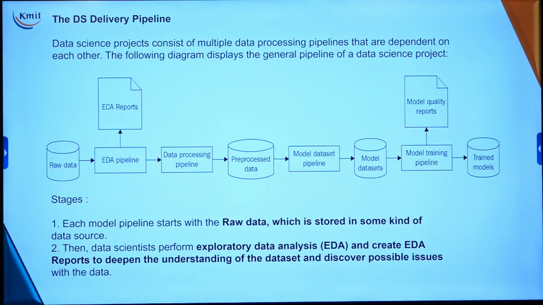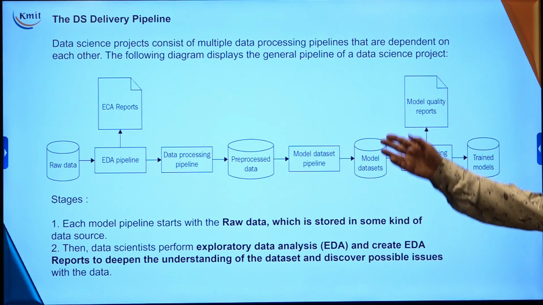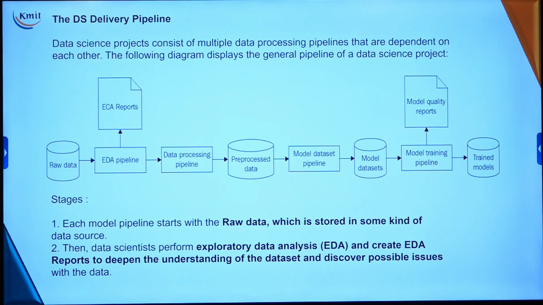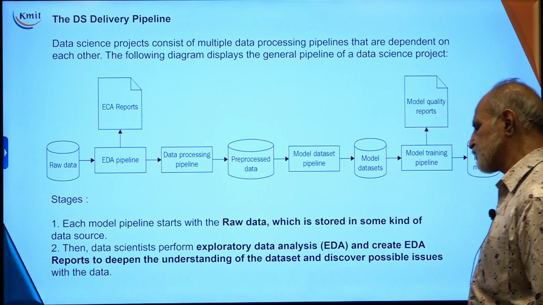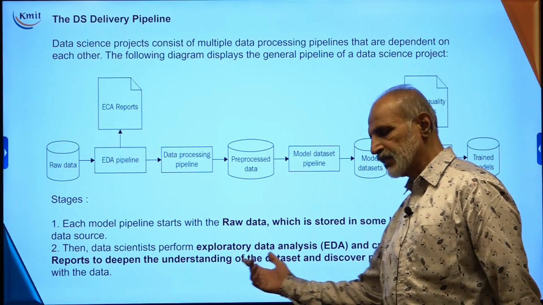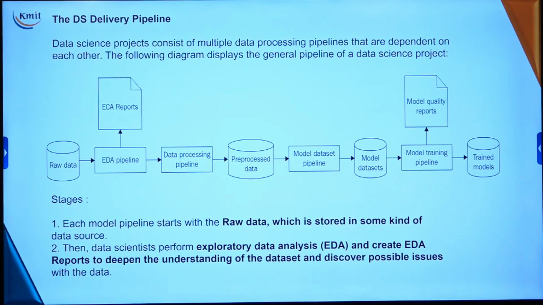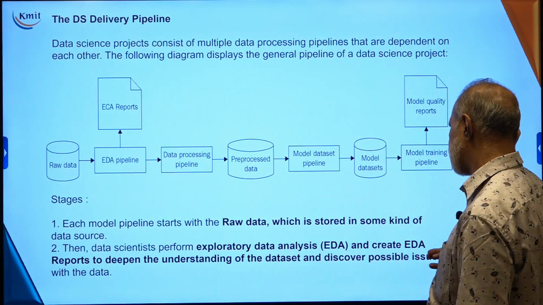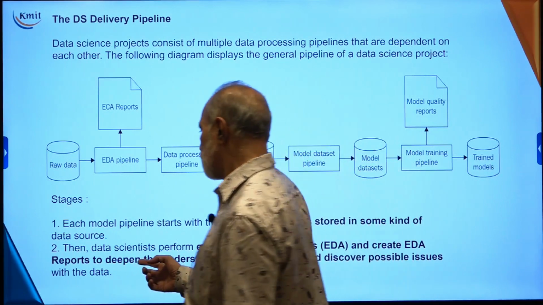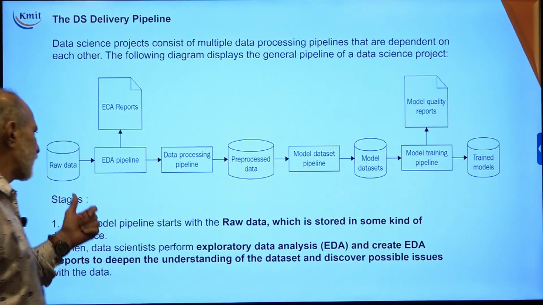Okay, so you can see that each model pipeline starts with the raw data, which is stored in some kind of data source, which is shown here. Second point is that data scientists perform EDA, that is exploratory data analysis, and create EDA reports to deepen the understanding of the dataset and discover possible issues with the data.